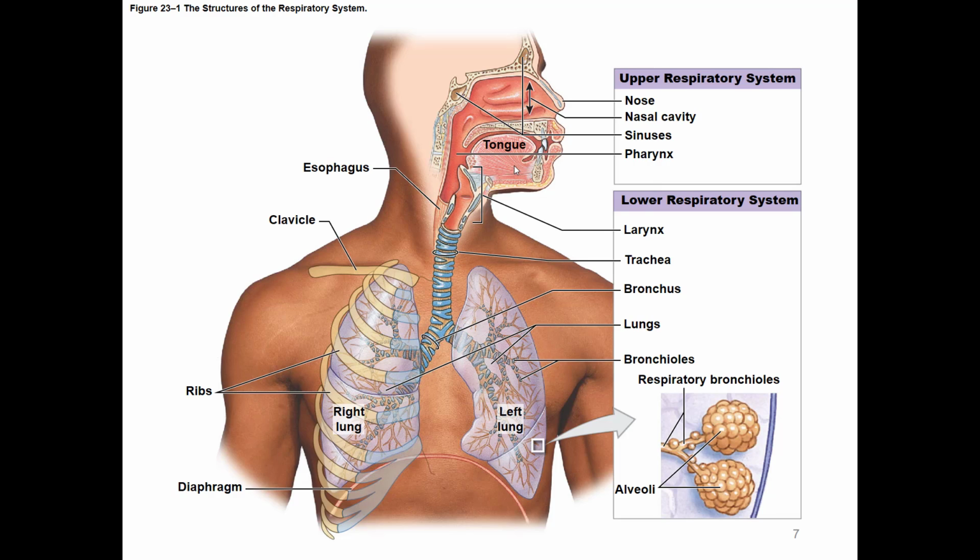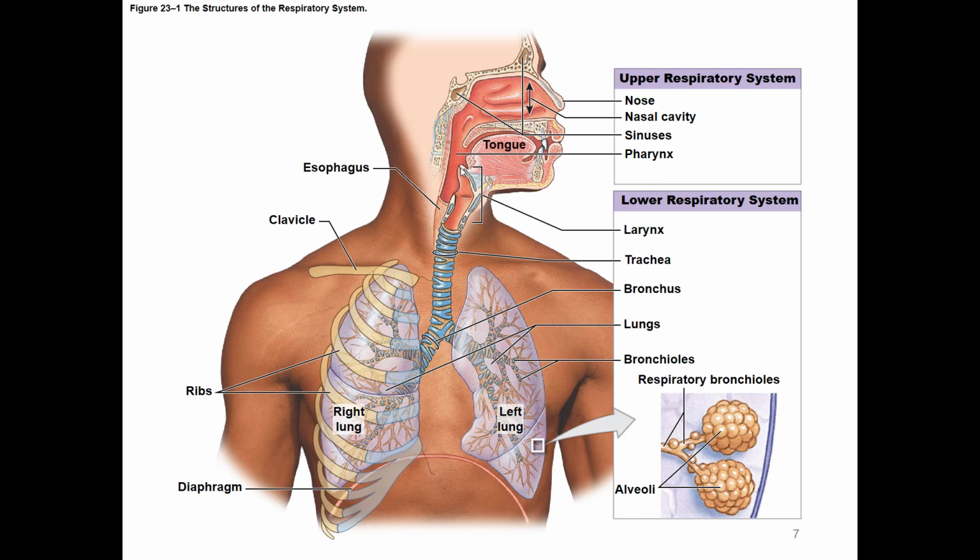So again, upper respiratory is going to include the nasal cavity where the air comes in. We then have the opening up of the nasal cavity. So we're coming through the nose into the nasal cavity. We have the sinuses here and also here. And then the pharynx, which is here.